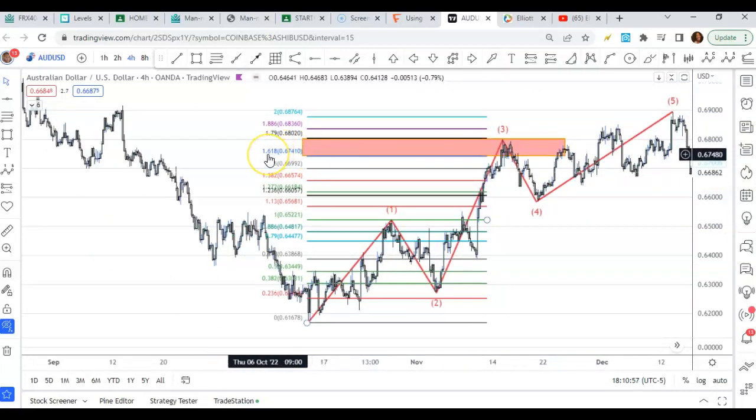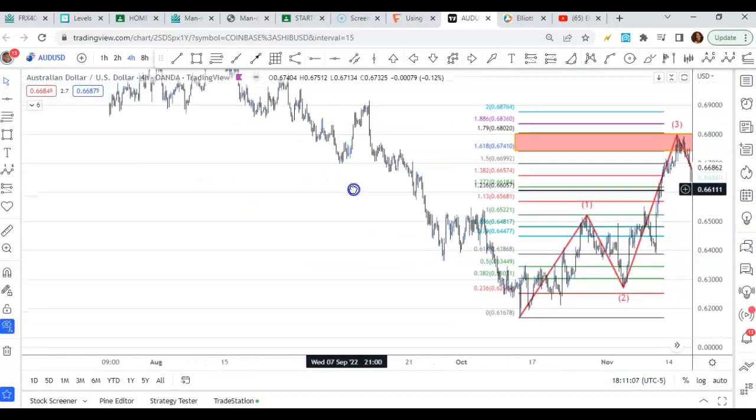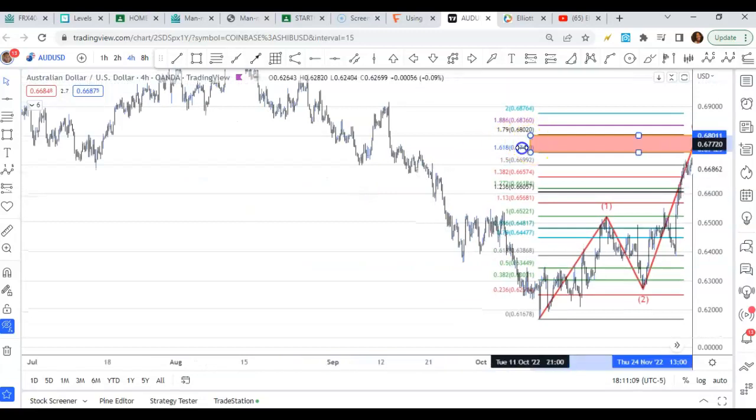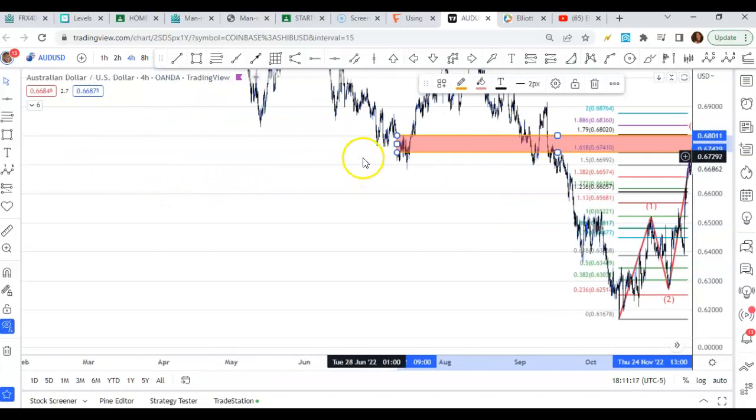What we're going to do is expect or project wave 5 to double this fib level. One of the things you also want to do is look left to see, is this a valid zone? Did the market respect these levels in the past?